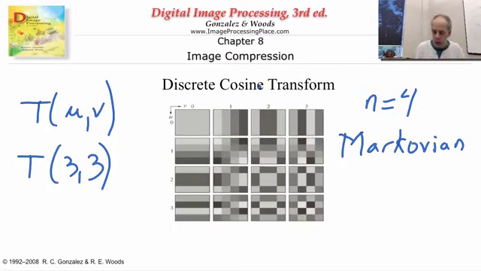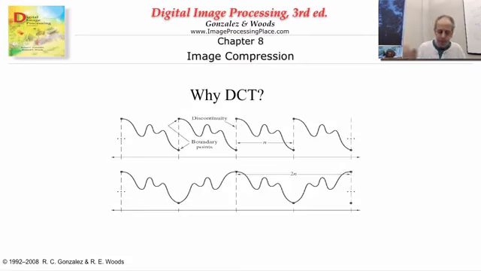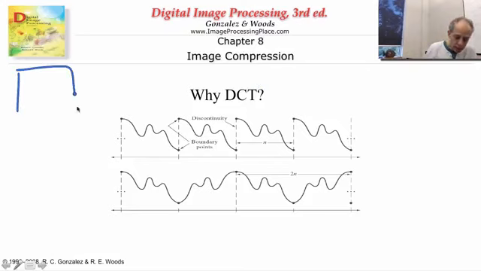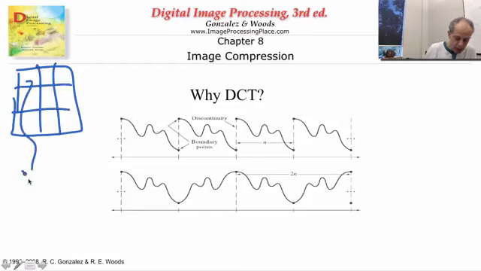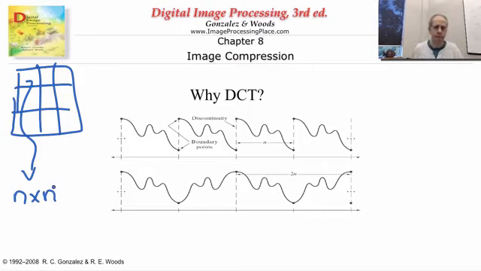The other reason that we use the DCT is because of the following. Remember that I'm working not from the whole image, I'm basically having n by n blocks. So one may wonder why not use, for example, a Fourier transform. If we go back into the theory of Fourier transform, when you do a discrete Fourier transform, you're making an underlying assumption of periodicity.